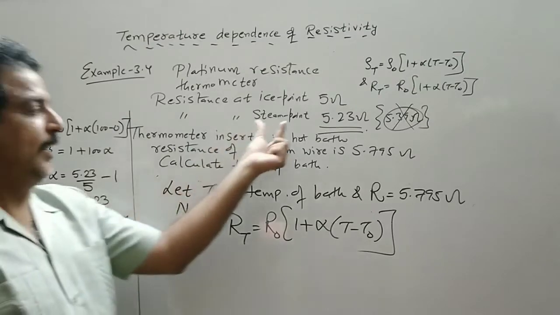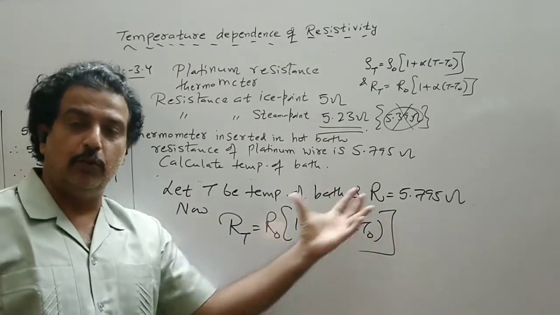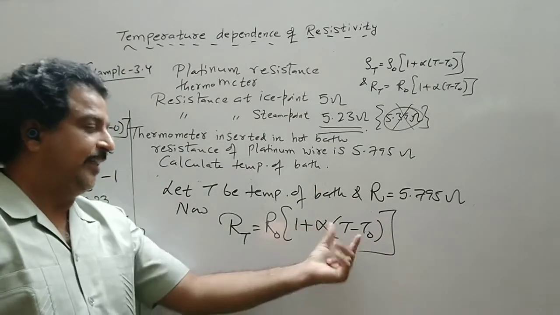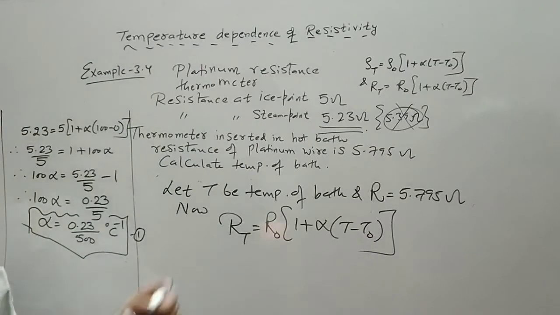You may also take the steam point as a reference, so here I would have to write 100. The calculation will be lengthy if I take the reference temperature as 100, so I have taken the reference as the ice point.